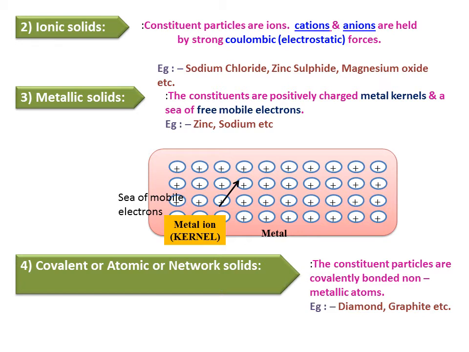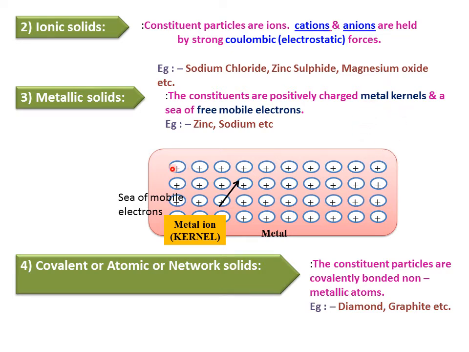Example: zinc metal is made up of zinc metal kernels present in a sea of mobile electrons. Just look at this example. Imagine a sodium metal. Sodium metal contains sodium atoms. If a sodium atom loses one electron, it becomes a sodium ion. You can call that sodium ion the metal kernel.